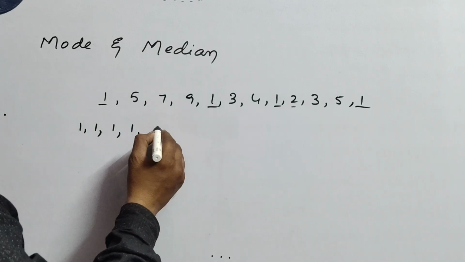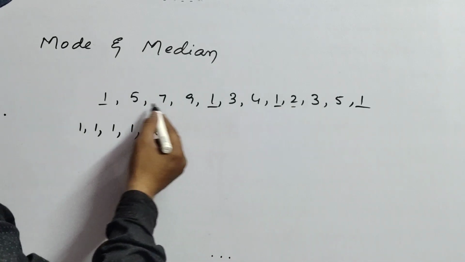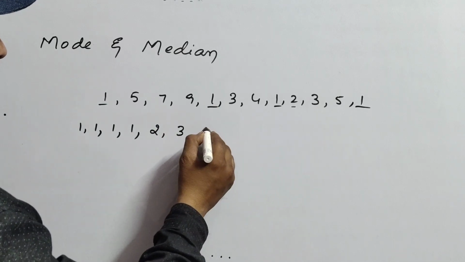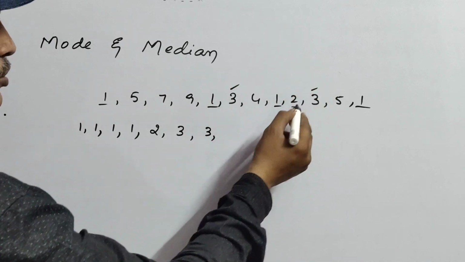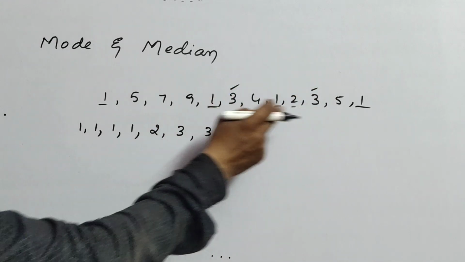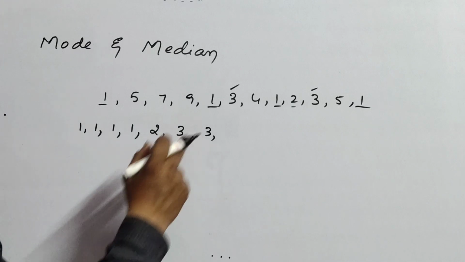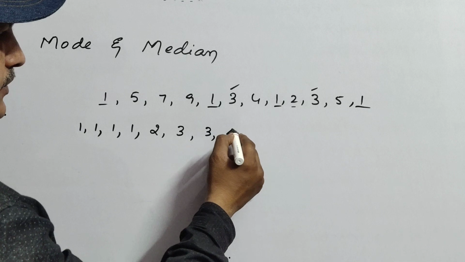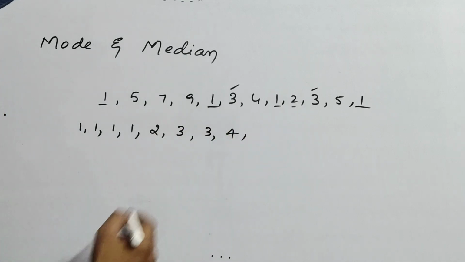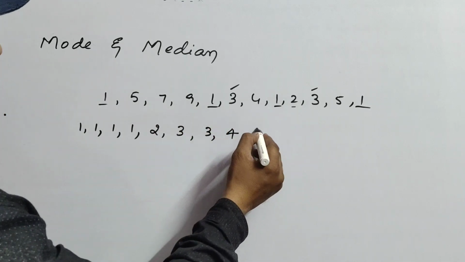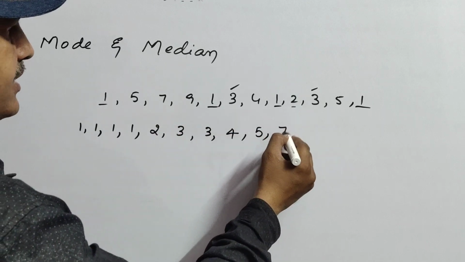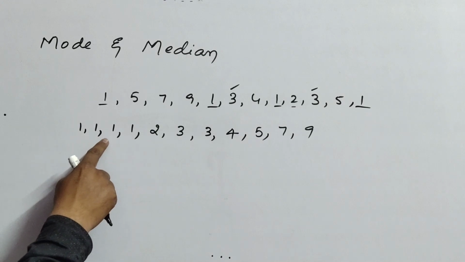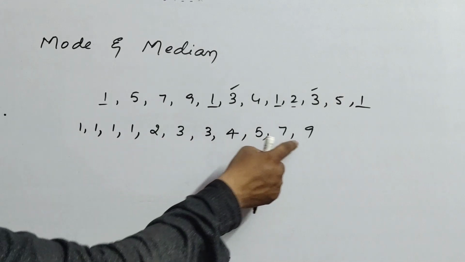Next 2, any more 2's? No. Next 3's, there are two 3's. Next 4, there is one 4. Next 5, next 7, next 9. So: 1 1 1 1 2 3 3 4 5 7 9.